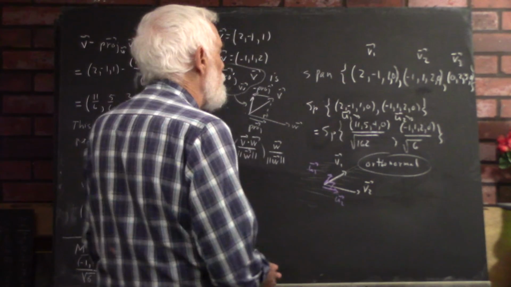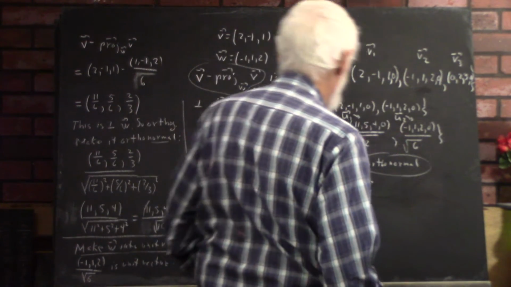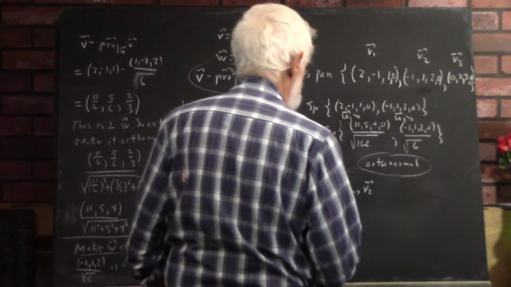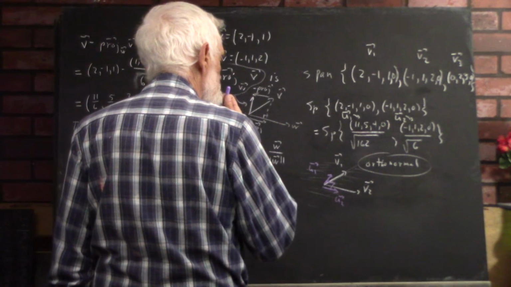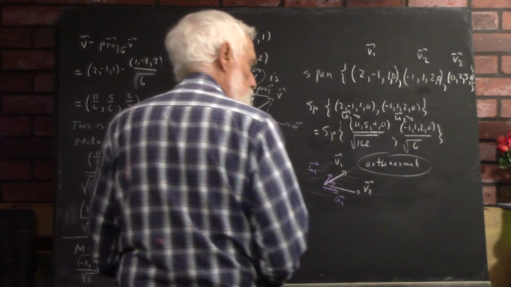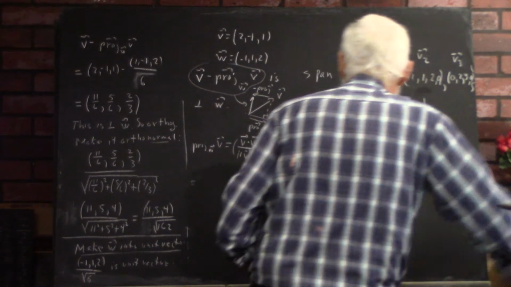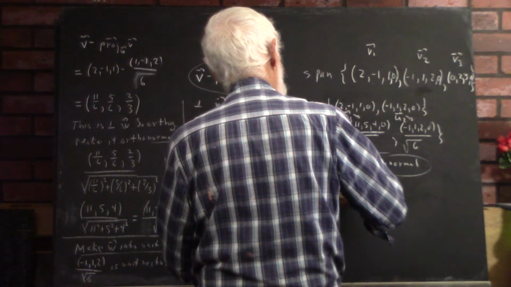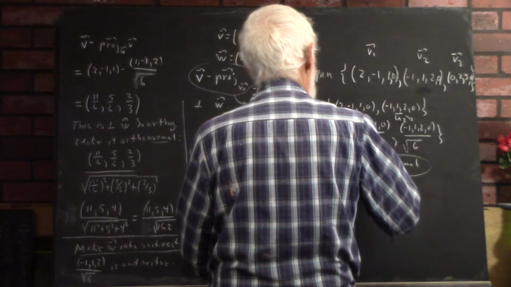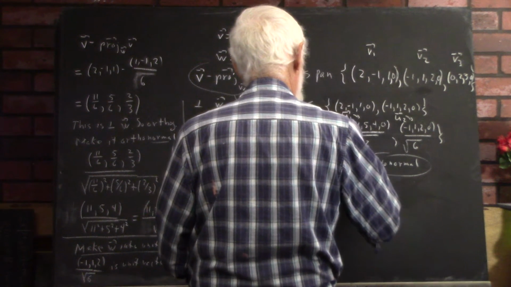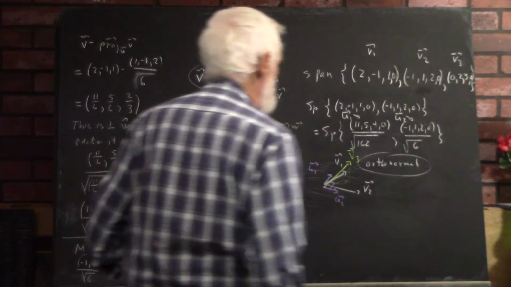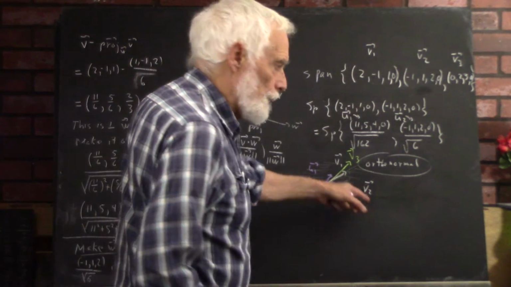Now, we want to get this vector v3 here, which is not in the plane. Okay, so now v3, and this is not a realistic depiction, but v3 is out here someplace, projects down into the plane, but it's not in the plane.